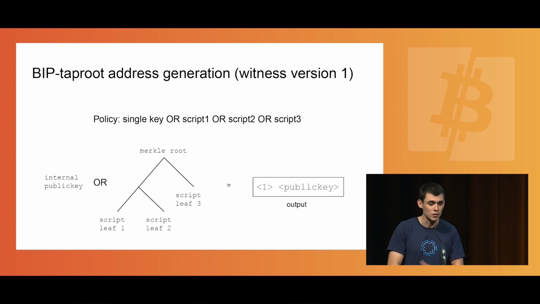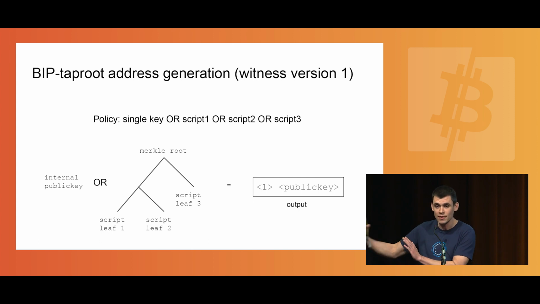What you do is you take your single pub key, which is in this context now called the internal public key, and you take your various scripts and build a Merkle tree out of it by recursively hashing the leaves and the inner nodes until you arrive at some root. Then you use a construction known as pay-to-contract in order to take these two ingredients, the internal public key and the Merkle root, and create a new public key, which is now called the Taproot output public key you see on the right.